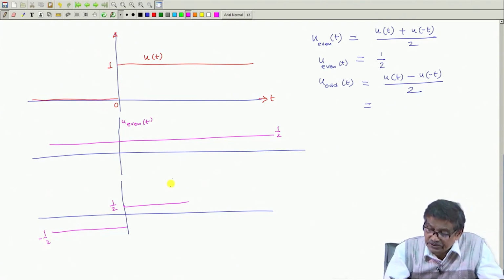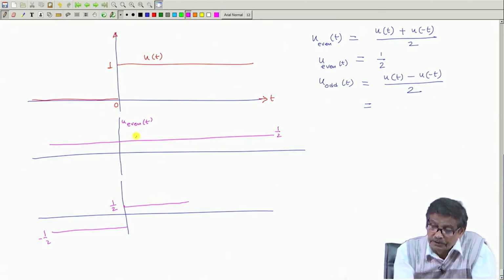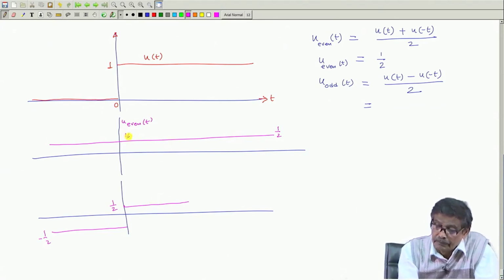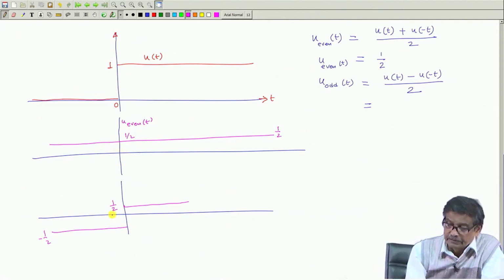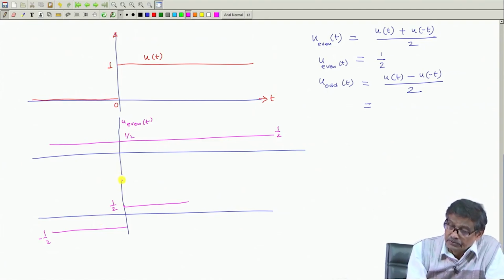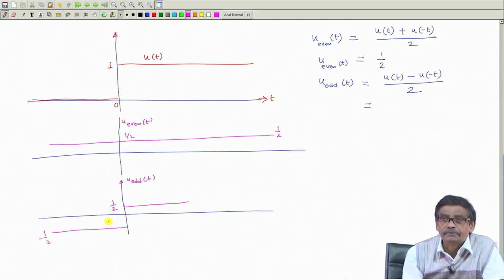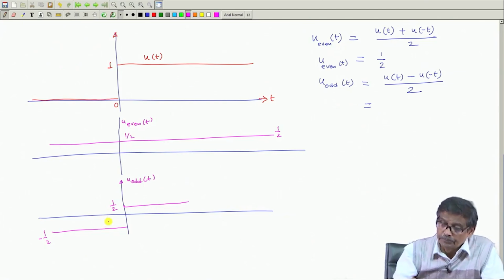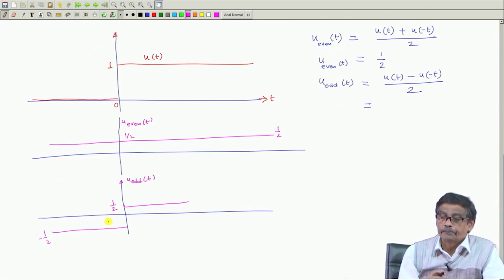You add these two, and you get the unit step. It is odd, you see, plus half, same time it will be minus half. Therefore, the sum of these two gives you the unit step.